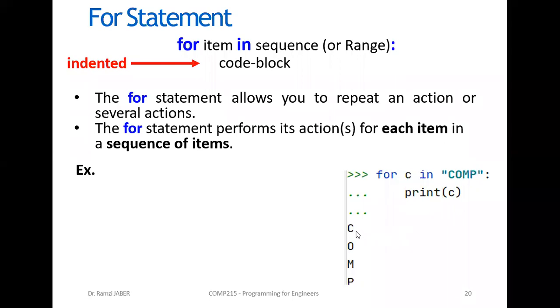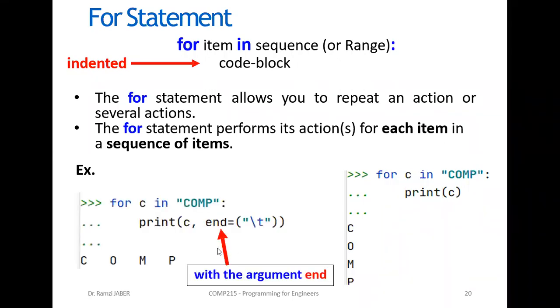If I want to write it on one line, I want to add another argument called end. It is the same code, but between parentheses, print c comma, at the end of the value of c, we put a comma and end.